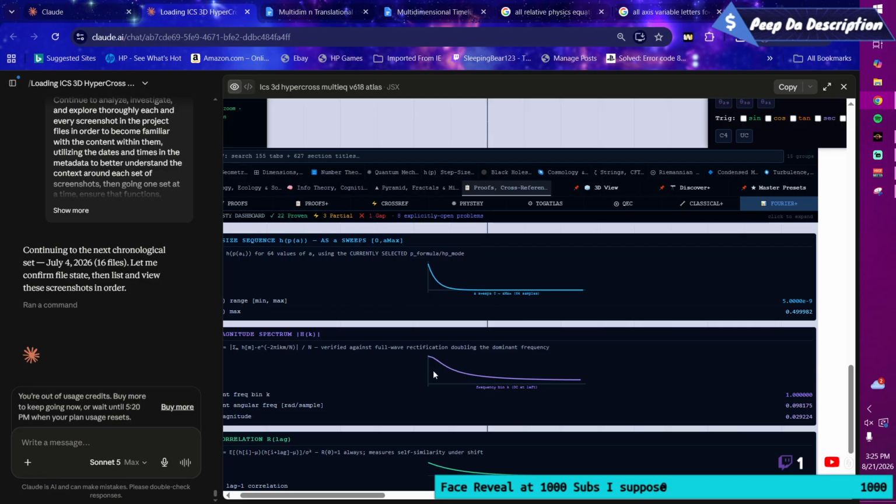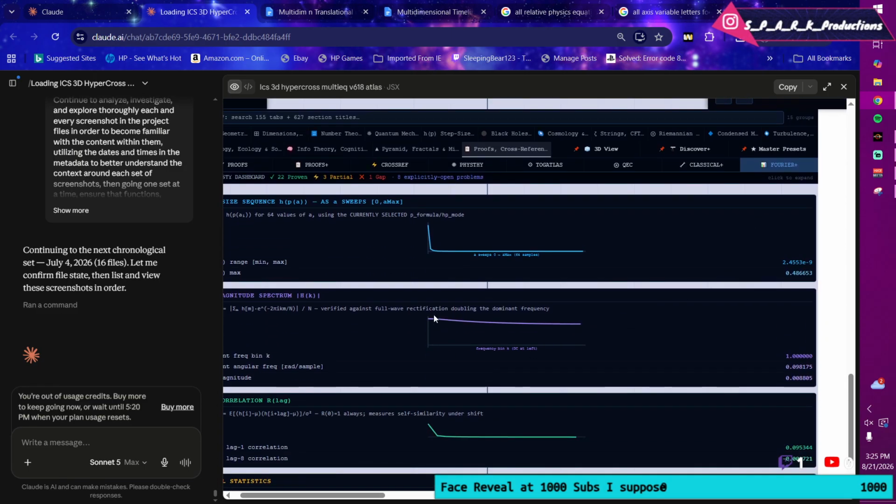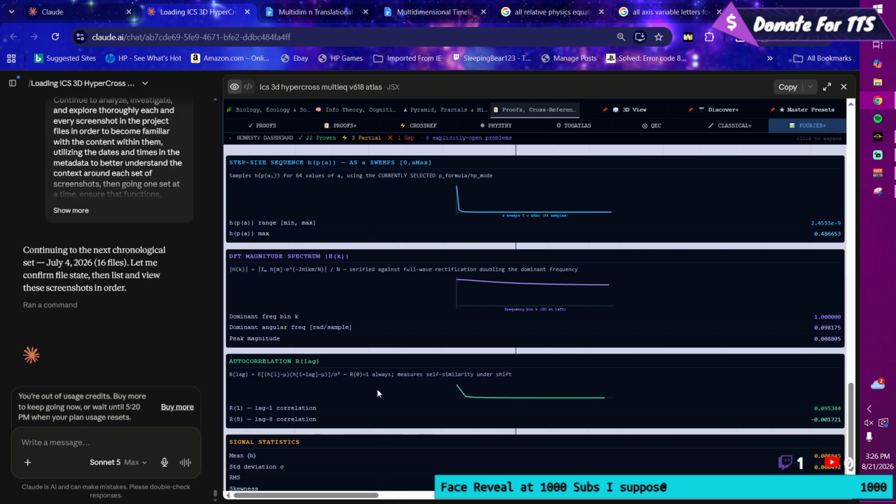wow, then it goes from basically kind of normalized, which somewhat goes back to this 0.5 here. If you took from maybe right where the downturn really happens, but even then still. But this relates to the prime function right here, the correlation, the autocorrelation. Self-similarity under shift.